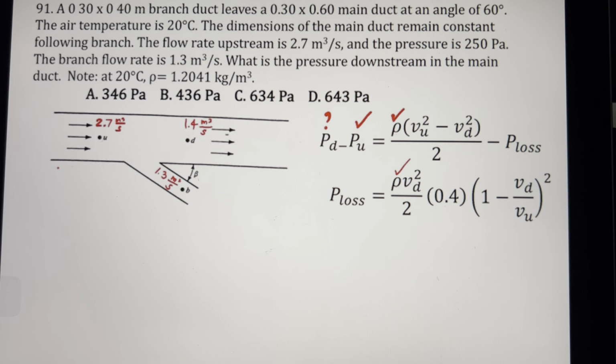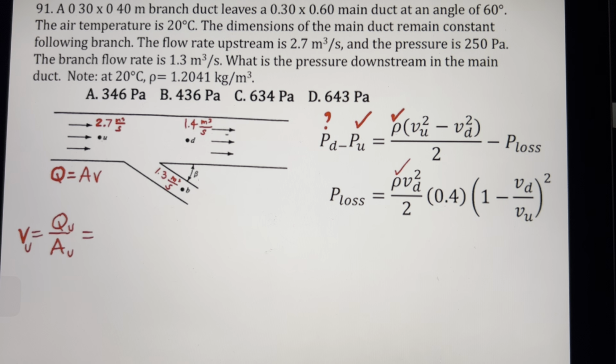So obviously, we have a formula for the volume flow rate where area is given, and that is Q is equal to area times velocity. So meaning, if I am to find the velocity, it is equivalent to the ratio of the volume flow rate and the area. For example, if I'm to find the upstream velocity, I need the volume flow rate at the upstream and the cross-section area upstream.